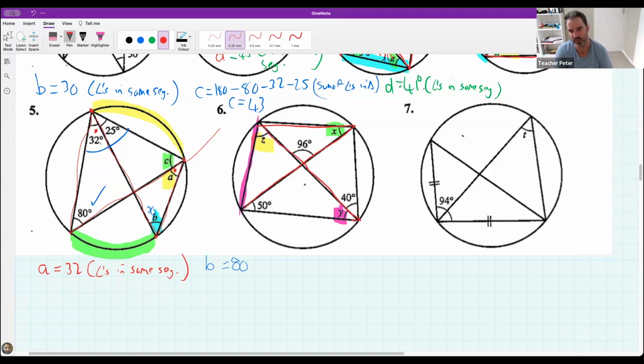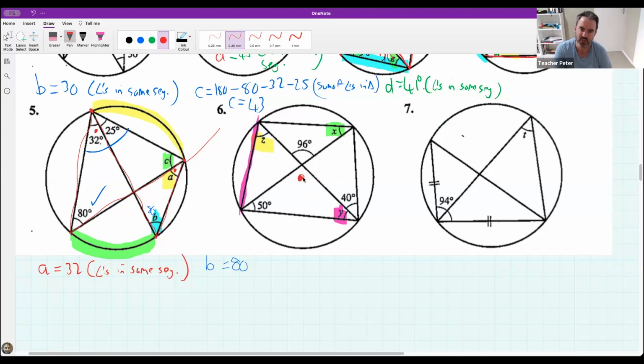Oh, no, that's not helpful because I've just shown you x and y are equal. So I don't think that's very helpful. What can I do? That's 96. I might be missing something, but I can say that one is equal to that one, but I really want to connect things.